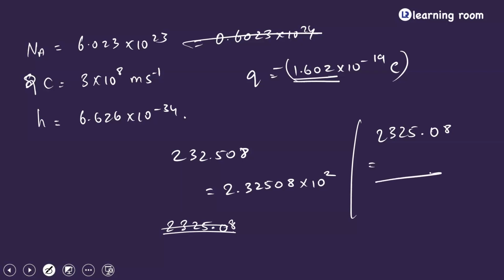Give the answer for me in scientific notation. Scientific notation will be 2.32508 into 10 power 3. If you multiply this, you should get this answer. Check that always. You get what I am trying to say?